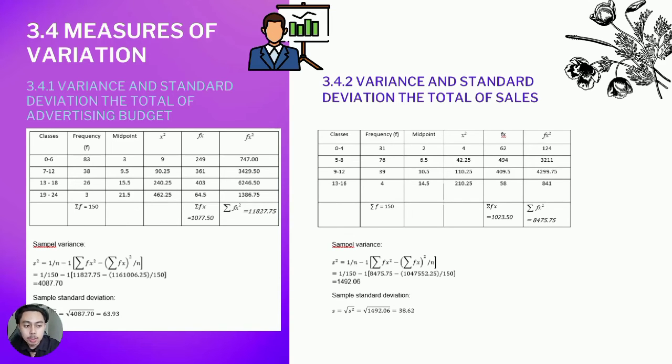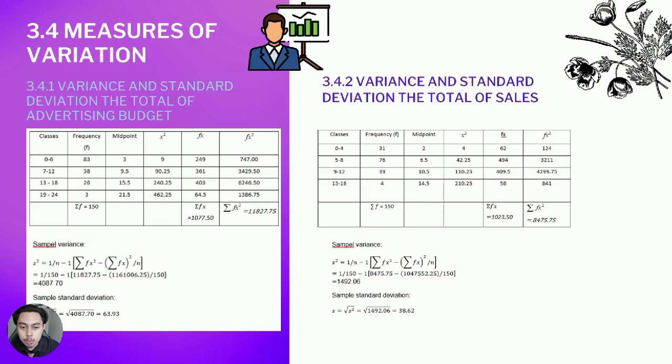We use the 3.3 measure of position, and we calculate the midpoint, where we got 3 for the class 0 to 6, 9.5 for the class 7 to 12, 15.5 for the class 13 to 18, and the last one, 19 to 24, we got 21.5. And this is all we got for the frequency, which is 1077.50 and 118.27.75. So this is our sample variance, together with the sample standard deviation.